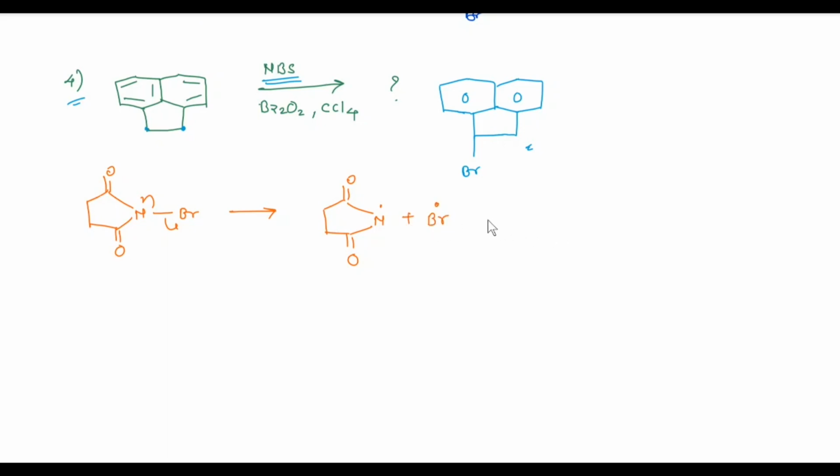This Br radical abstracts a hydrogen radical from this given moiety and we get a new allylic radical plus HBr.